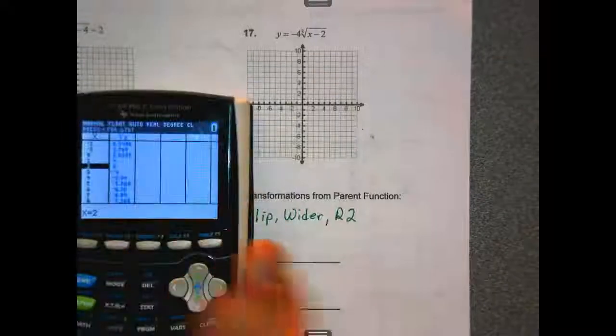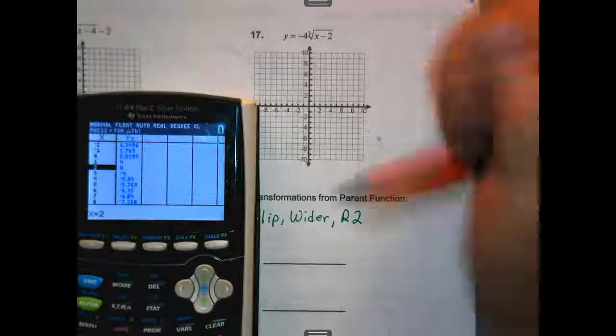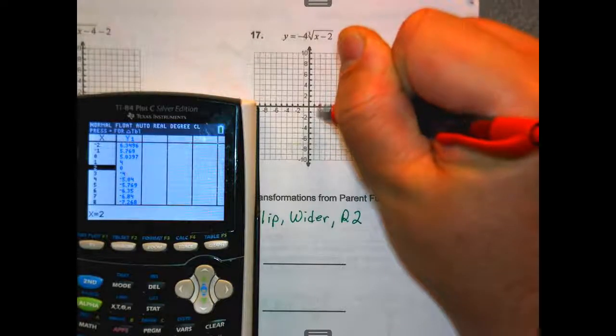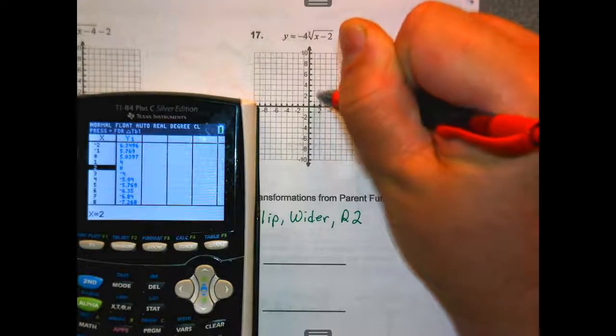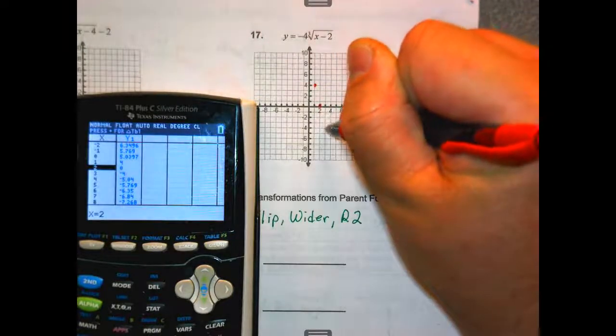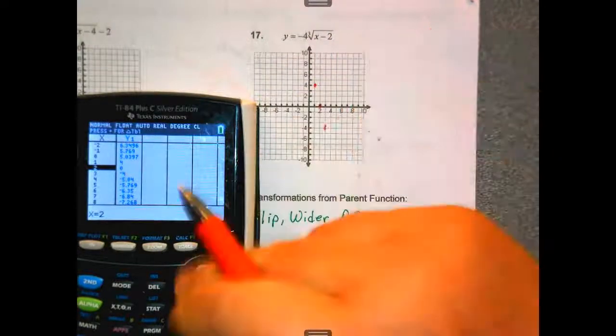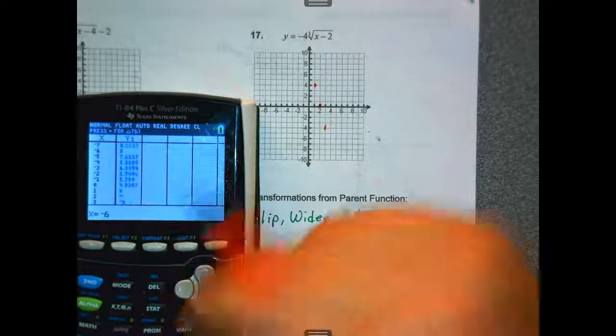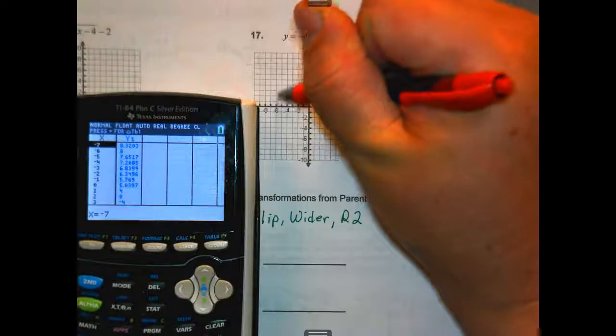So we're going to use 1, 4, 2, 0, 1, negative 1, 4, and 3, negative 4. Let's get another one here. Negative 6, 8.